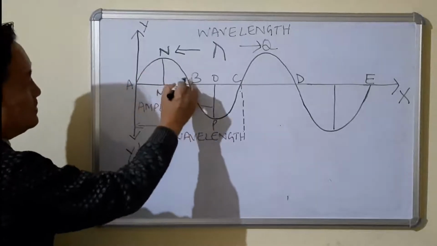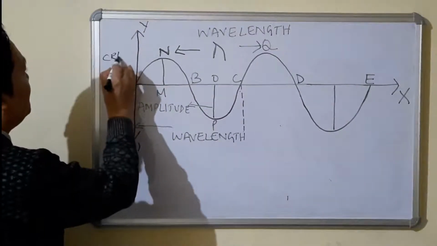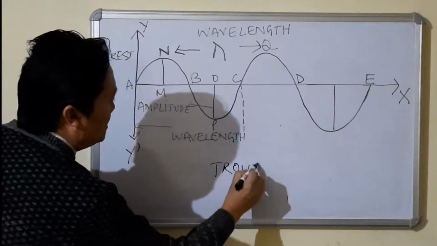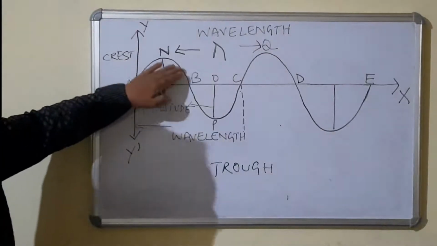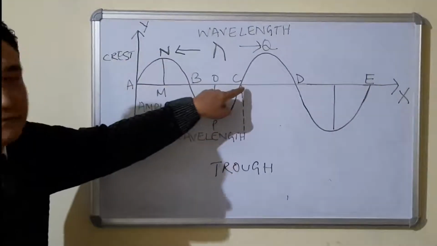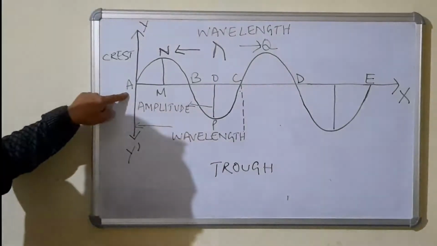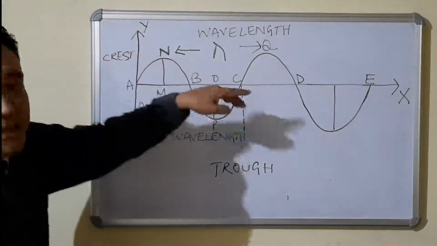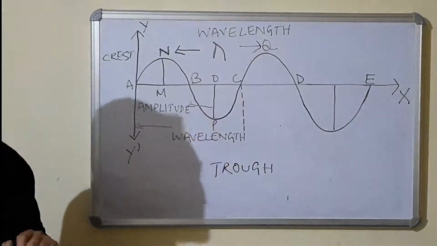The upper part of the curve is known as the crest, C-R-E-S-T, and the lower one is known as the trough, T-R-O-U-G-H. Starting from A, the mean position, there is one crest and one trough, and the trough ends at C. A is the mean position and C is the position where it has stopped, so AC makes one oscillation.